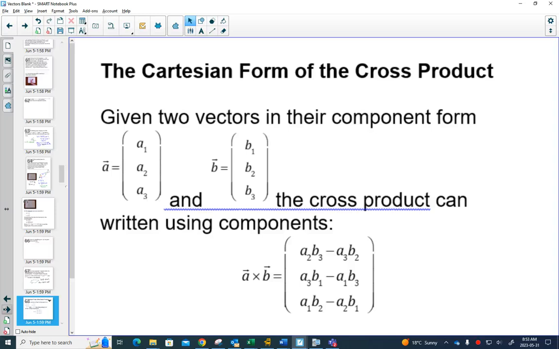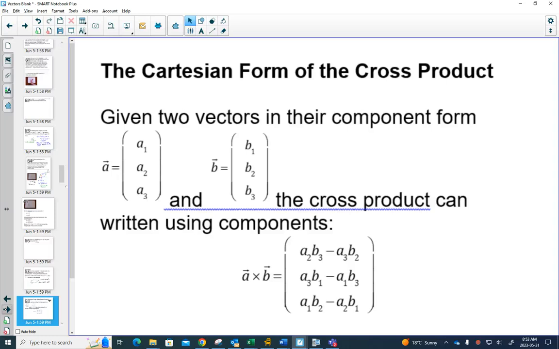Well, the Cartesian form gets rid of the theta. Now, the formula, upon looking at it first, makes you feel like, oh great, there's just a bunch of letters and numbers randomly put there. This is going to be hard to memorize. Yes, if you just try to memorize it directly, it will be hard.